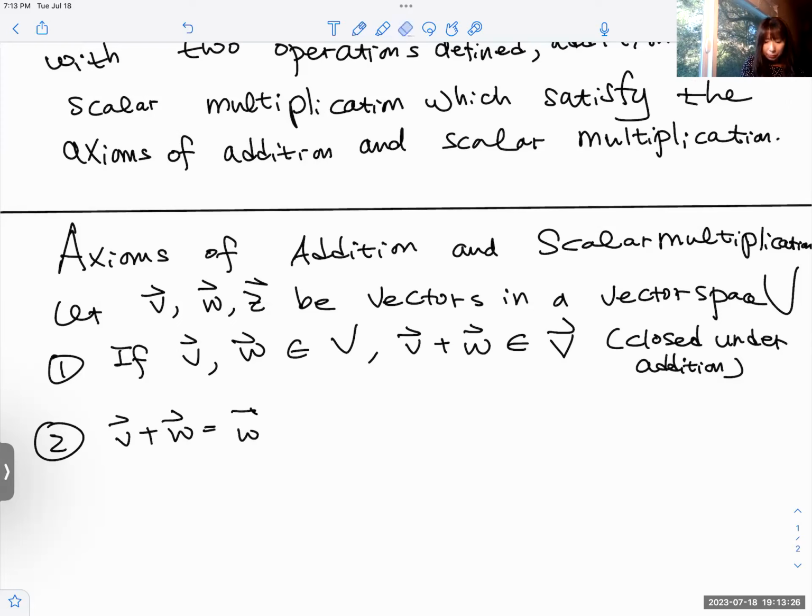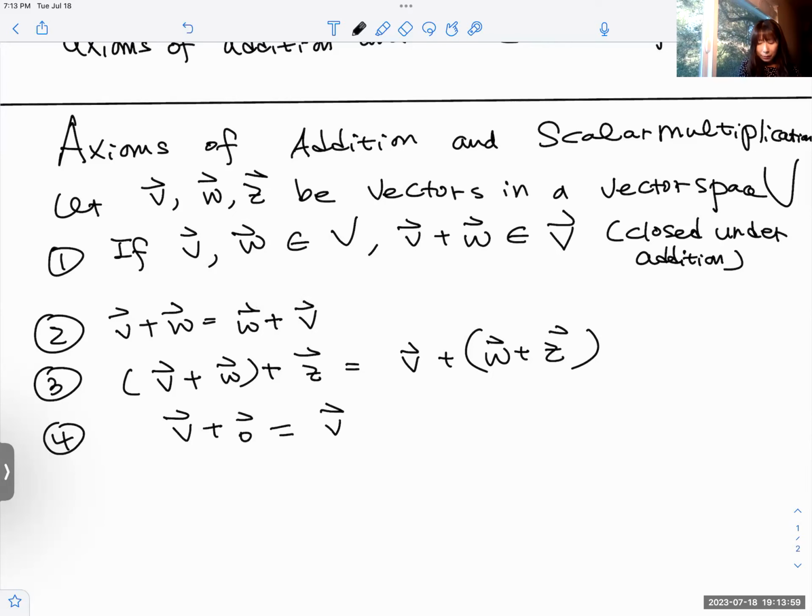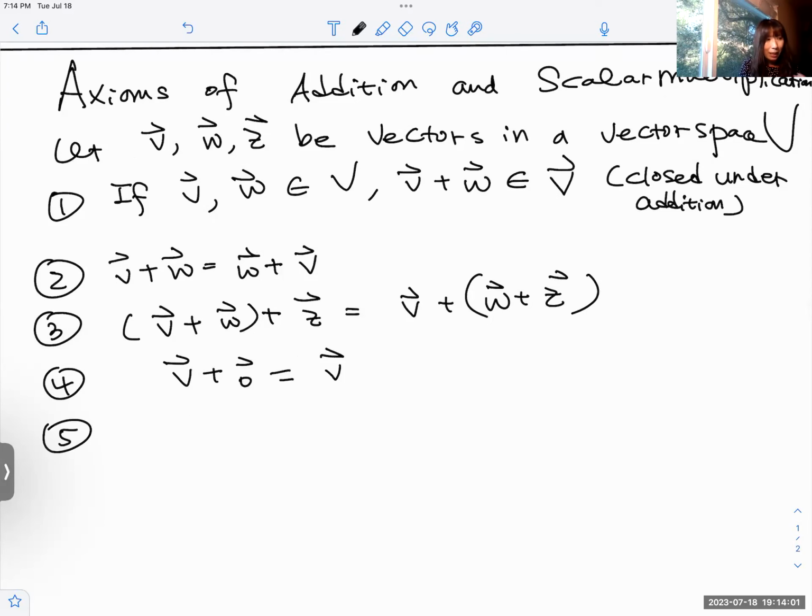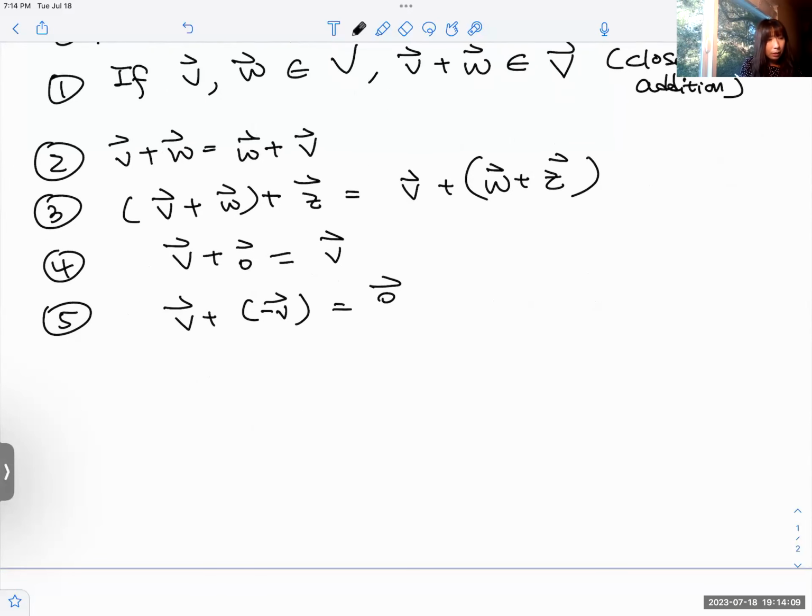Number three, associative law: V plus W plus Z is the same with the parentheses taken away. Number four, existence of additive identity: V plus 0 gives the vector V. Number five, additive inverse. The 0 vector.